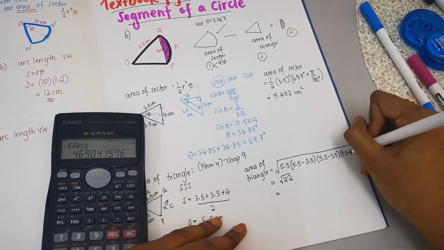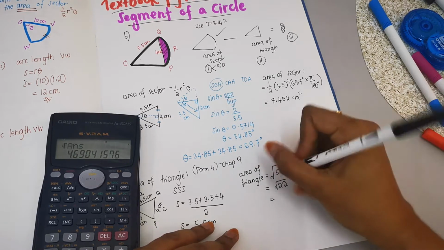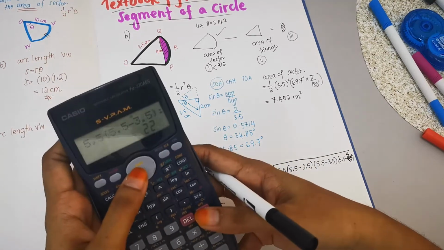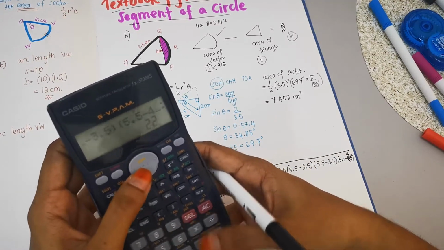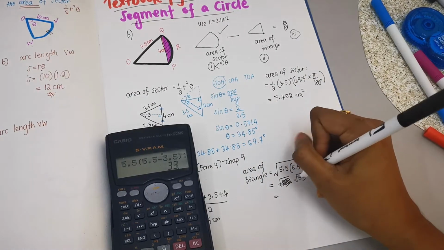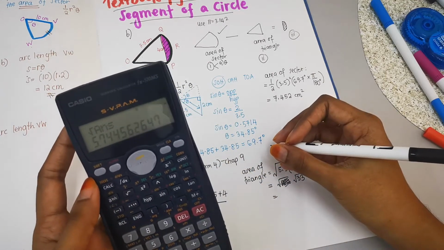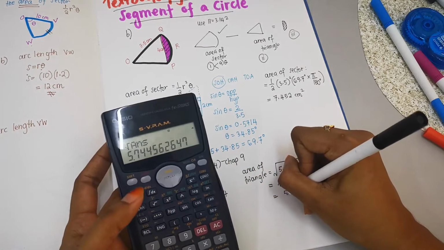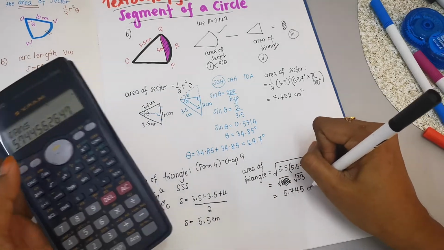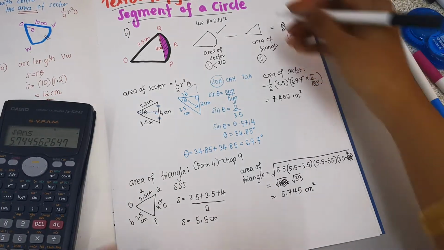Oh, sorry, it's not 4.5 here, this is minus 4. I was reading the textbook wrong. So let me go back up and change the 4. So square root of 33, we get 5.745 centimeter square.